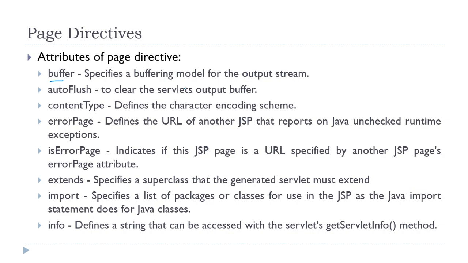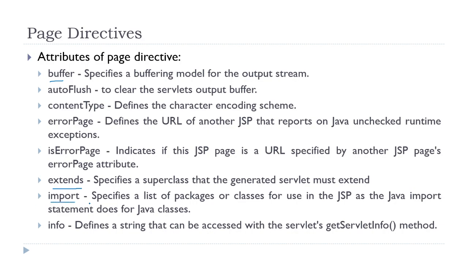Next, we also have attributes like extends. If we want to specify some class that we need to extend in our servlet, or rather the servlet which we will get after the JSP is translated, then we can specify it here. We can write extends equal to and the class name.